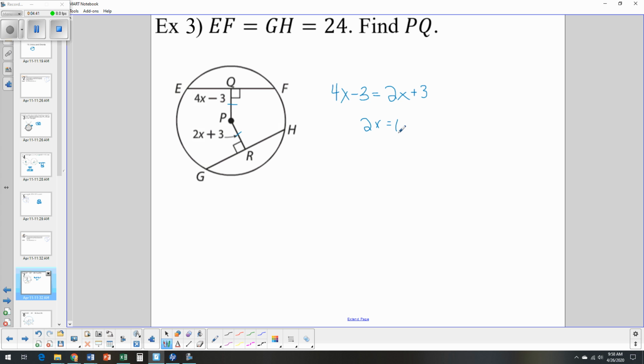Add 3. And now if I divide both sides by 2, I get x is 3. And I'm really looking for PQ, so I'm going to plug it back into 4x minus 3. So that's 4 times 3 minus 3. It's 12 minus 3. PQ is 9.